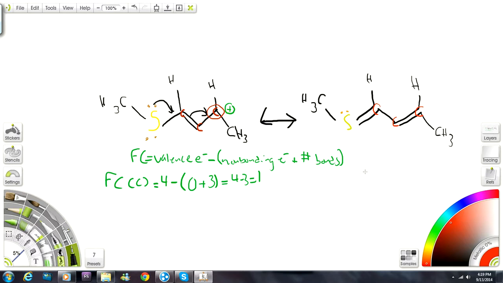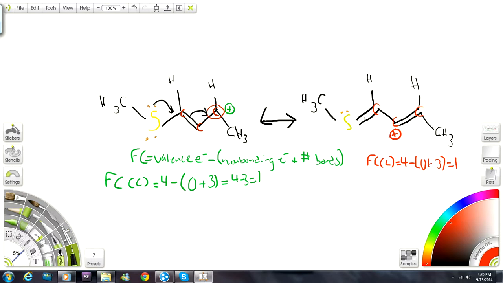So if we were to do the formal charge for this carbon now, 4 valence electrons, no lone pairs, plus 3 bonds, same as before, it's the 1. So now this carbon has the positive charge, and this one has 4 bonds in it. So the charges also get moved in resonance structures.